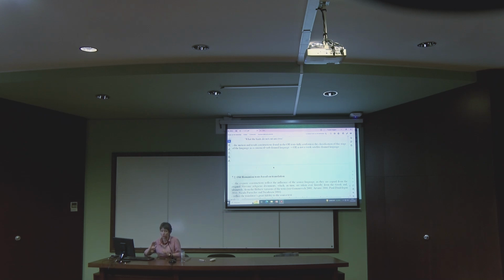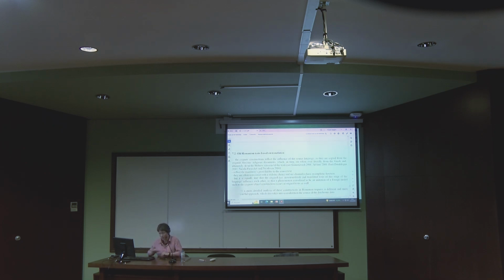I'm not trying to invalidate this cross-linguistic correlation between or among the three types of constructions. But it seems that there is another aspect that needs to be taken into consideration, at least from the perspective of Old Romanian. The cognate constructions reflect the influence of the source language, something that I've already mentioned.